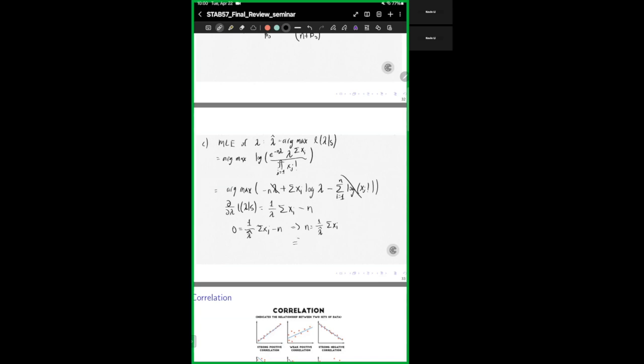That means we have lambda hat equal to sigma xi over n. So therefore, we can say that the posterior mode is equal to x bar, which is equal to sigma xi over n.